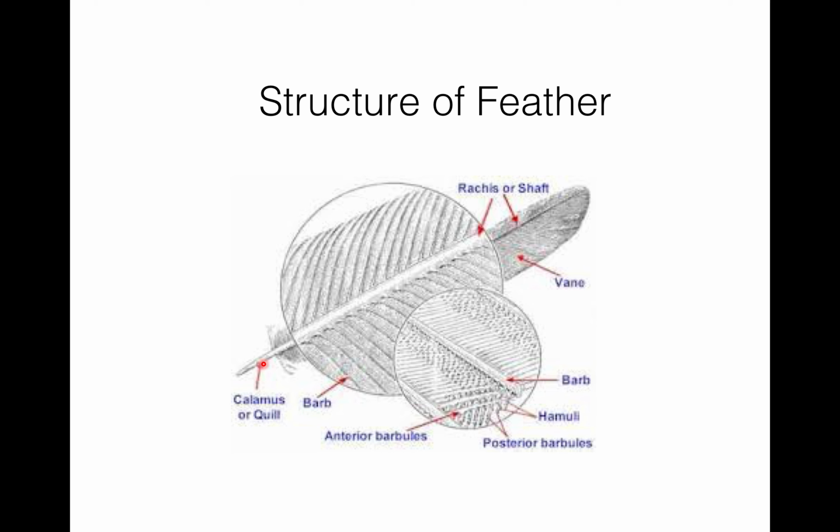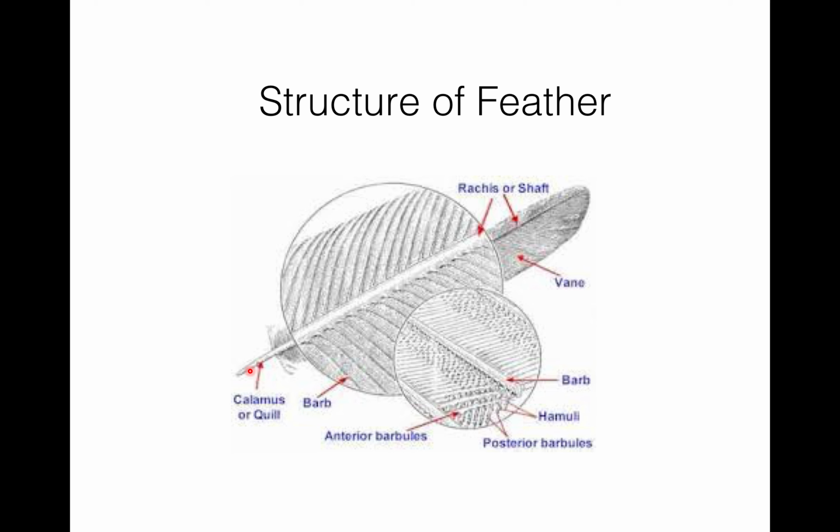It is a hollow structure, tubular in shape and semi-transparent. The base of the calamus is inserted into the epidermal follicle of the skin of the bird, from which muscle fibers pass to the feather and affect individual movements.